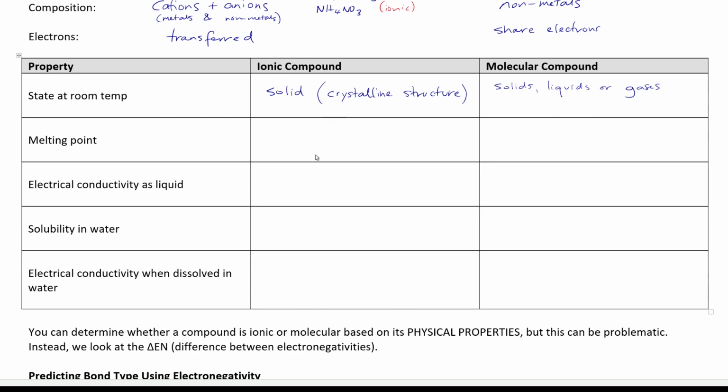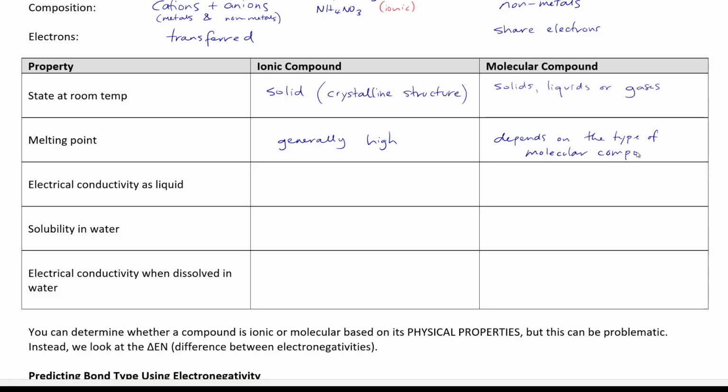The melting point for ionic compounds is generally high. And note that I'm saying generally because there might be some ionic compounds that have lower melting points than others, but for the most part they are quite high. The melting point, again, for molecular compounds really depends on the type of molecular compound.